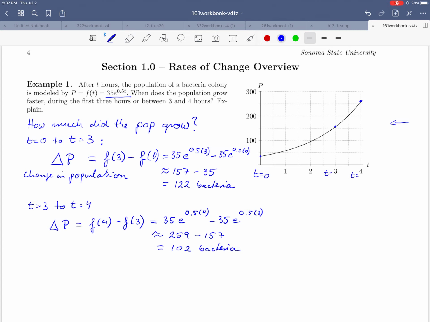So at this point we can say, well, during the first 3 hours our population grew more because it had 122 additional bacteria. During the time from 3 to 4 we only got 102 additional bacteria. But that wasn't our original question. Our original question was, when did the population grow faster?